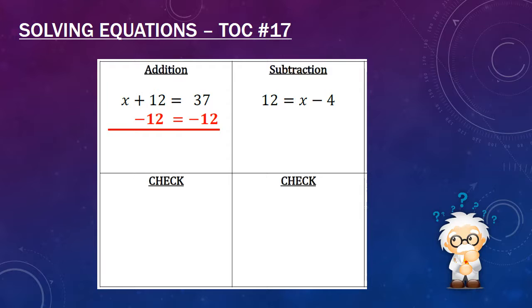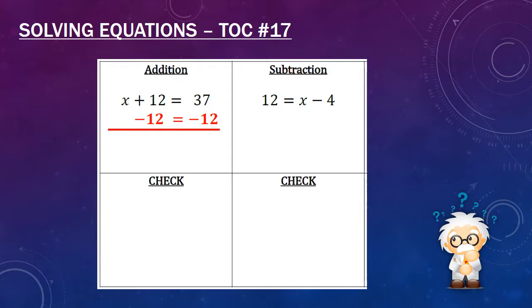And remember, the golden rule of algebra says whatever I do to one side, I have to do to the other side. So I'm subtracting 12 on the side with the variable to undo the adding, and whatever I do to that side, I have to do the same thing to the second side to make it equal. So now I have to subtract 12 from 37 to keep that equation the same.